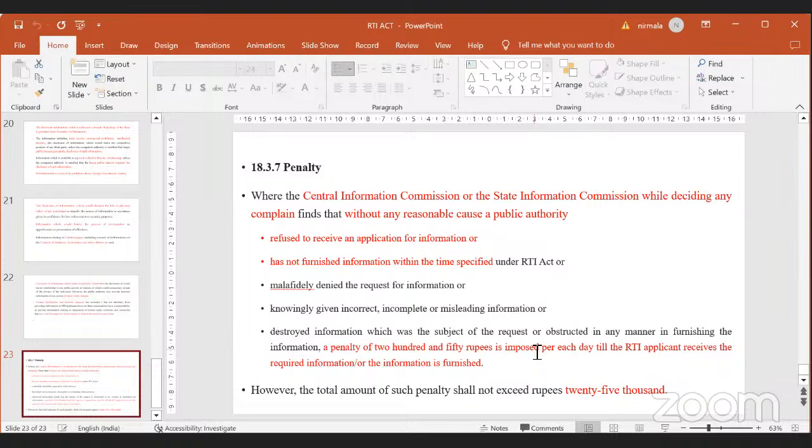However, the total amount of such penalty shall not exceed rupees 25,000.